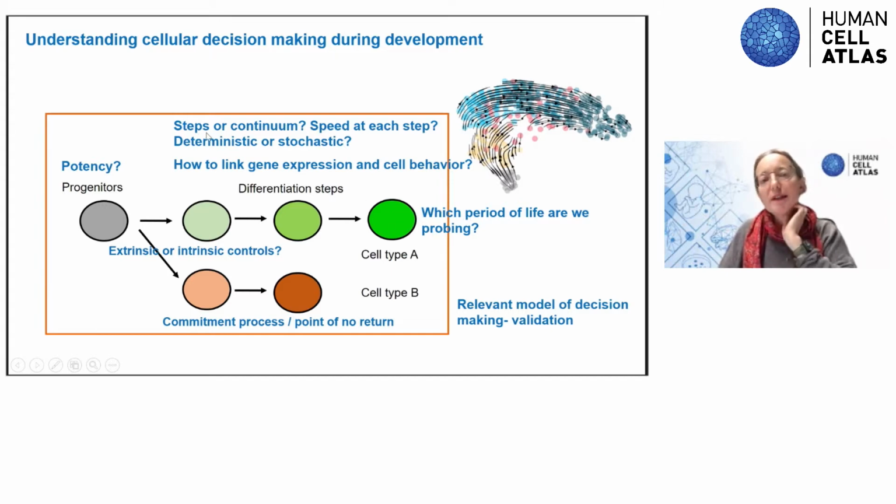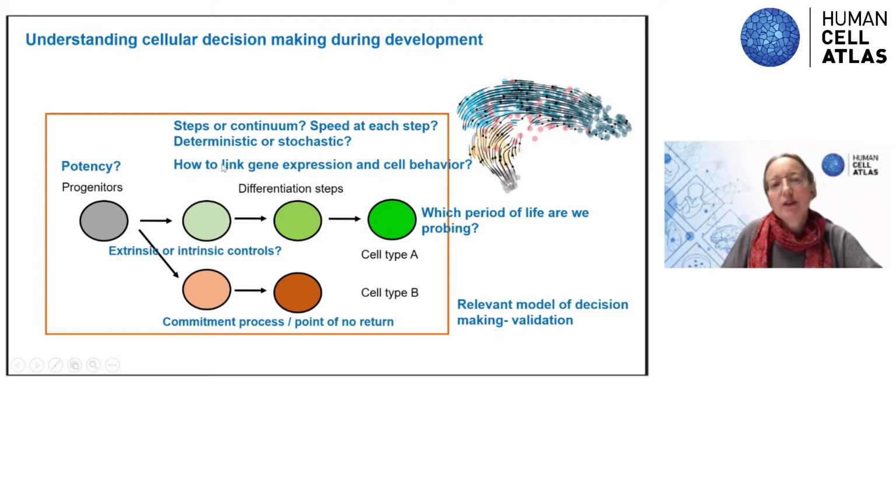We discussed whether these were real steps or whether it was us discretizing the system, and what is the speed at the different steps, for which we have computational tools where we can start addressing this question as pseudo-time. And there is more work trying to link time points in the same system, which are closer and closer, to better describe the links between steps in the system.